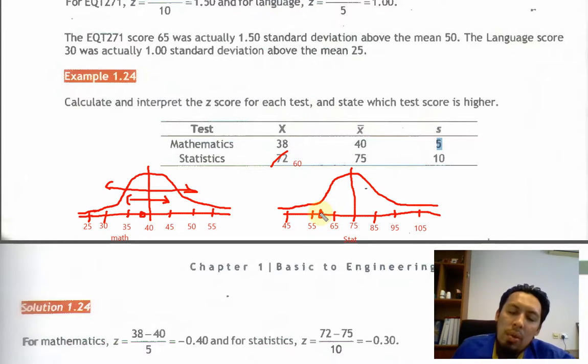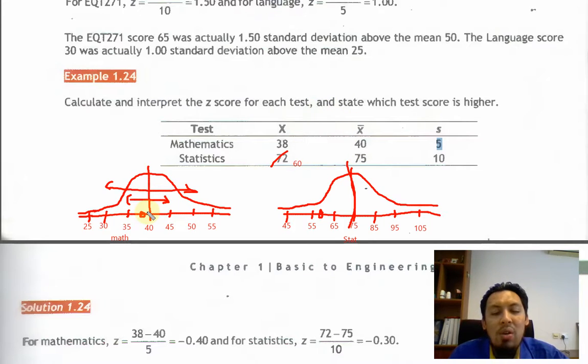So what can you say about this? Which is better? Even though your statistics score is 60, compared to the class, you are actually below the mean, less than 50% of your friends, meaning that relative to the score that your friends get, your score here is low. As for math, you should be happy maybe, because your score is almost around the mean.